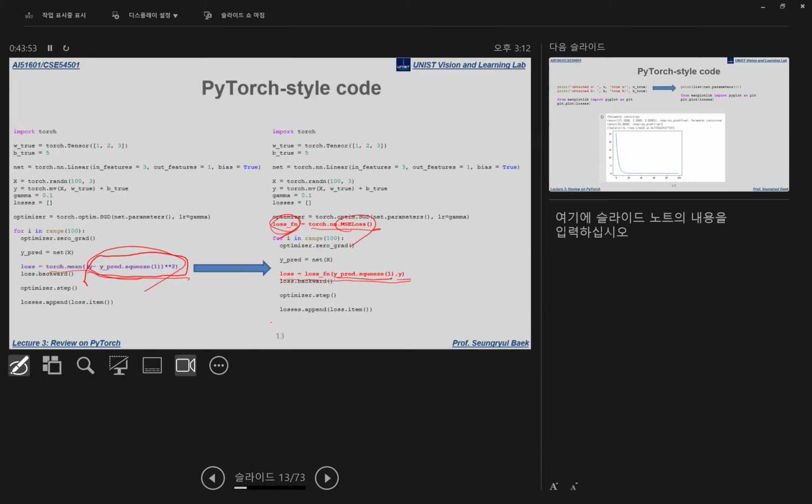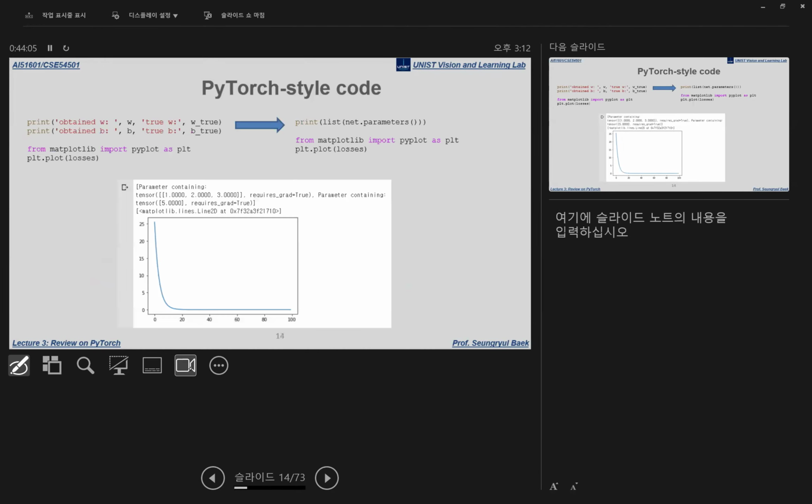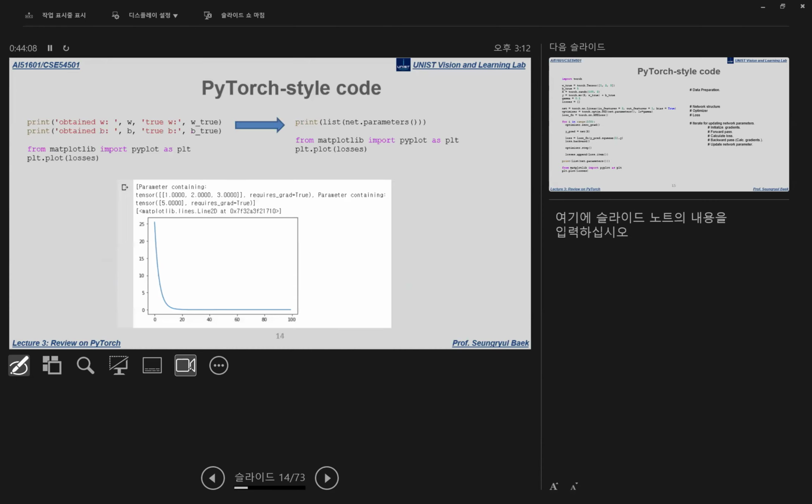And now this code could be usable for any loss function, any network architecture, and any optimizer. Okay. Also, the result is the same across this code, the previous code, the NumPy code, and so on.